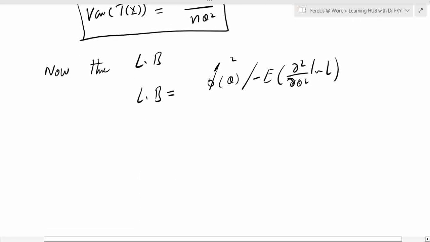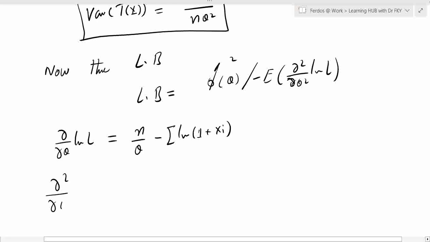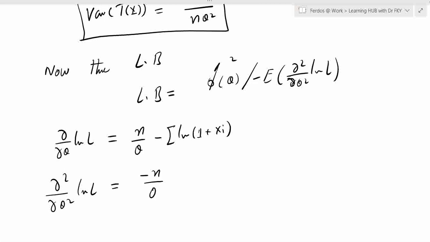We know that the first derivative of this likelihood function is equal to n divided by theta minus the summation of natural log of 1 plus xi. This means that the second derivative of this function will be equal to minus n divided by theta square.